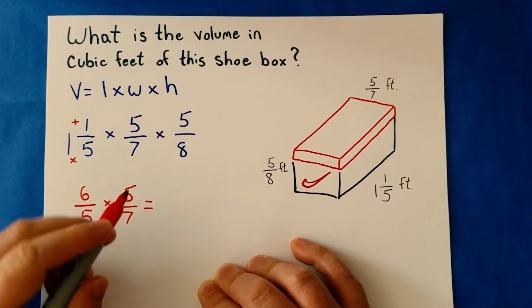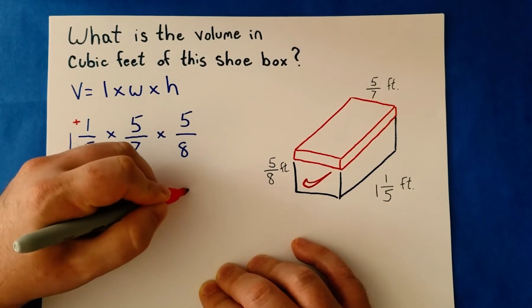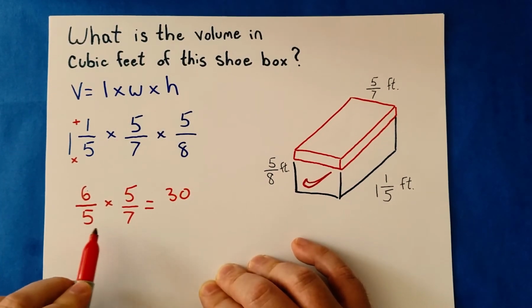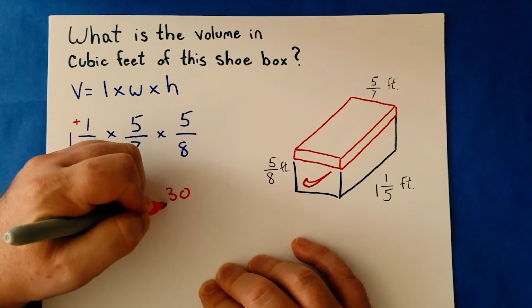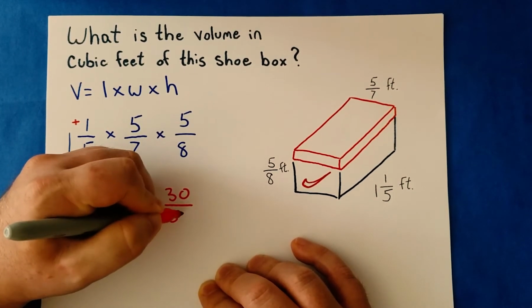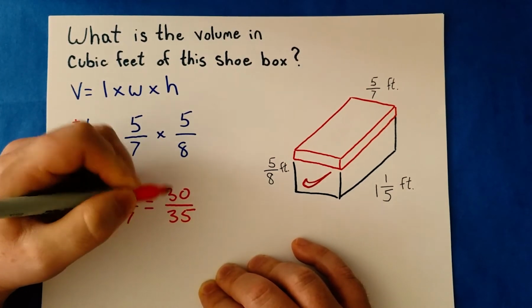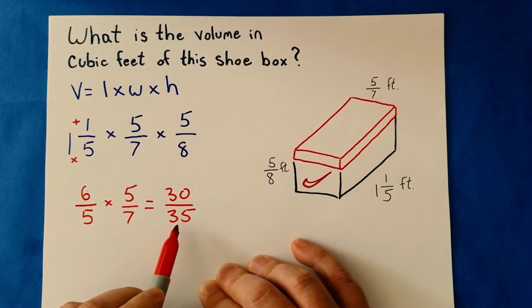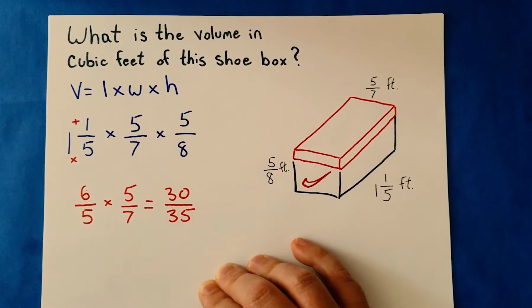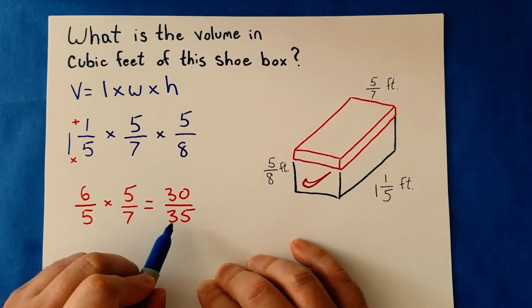What is 6 times 5? 30. What is 5 times 7? 35. I'm left with 30 over 35. Can I simplify this at all? Certainly. What can I divide both 30 and 35 by?